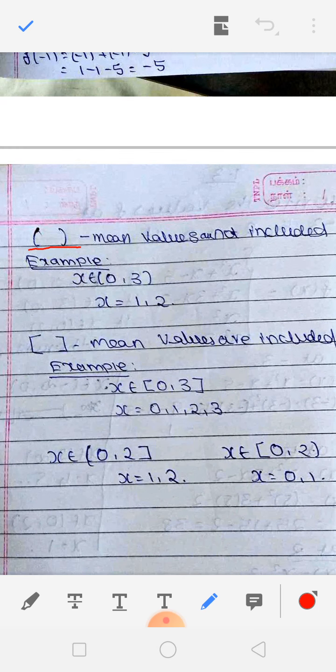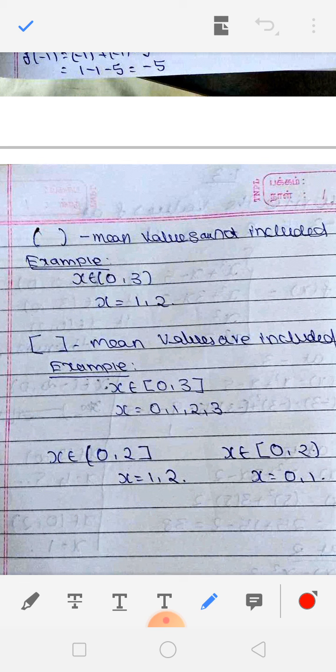Open bracket means values are not included.